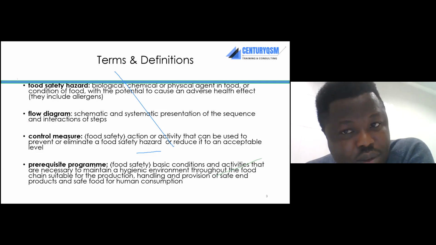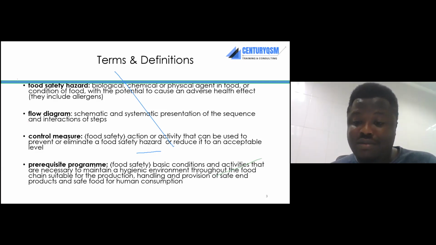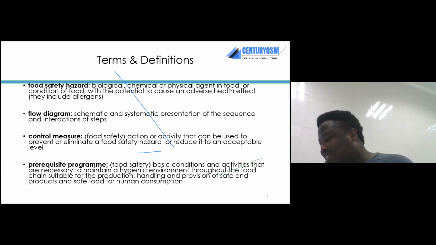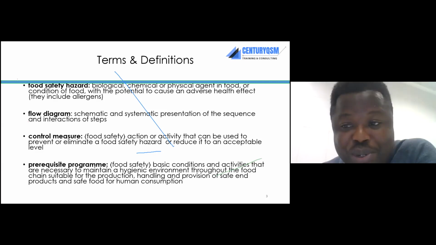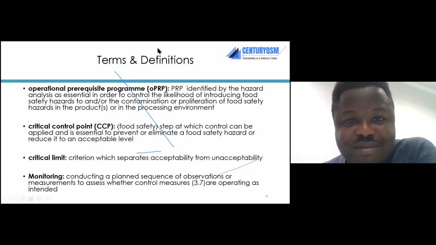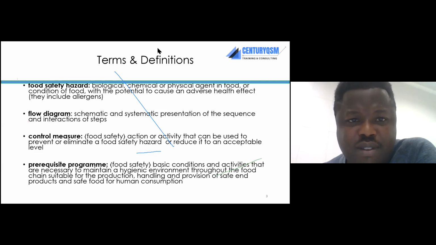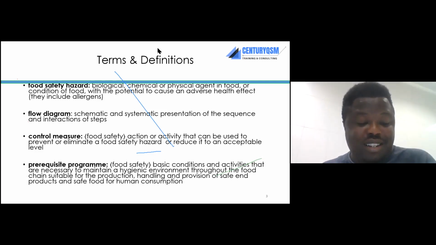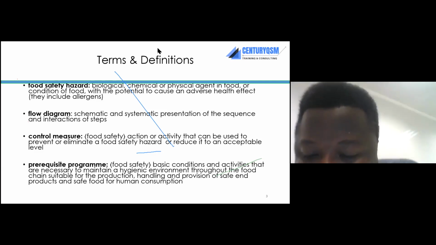So maybe if you have an earpiece there, maybe we should use an earpiece. Maybe it's to speak directly into the mic of the system. I think I can hear you clearly.